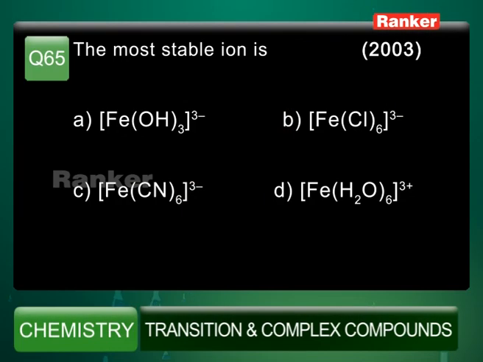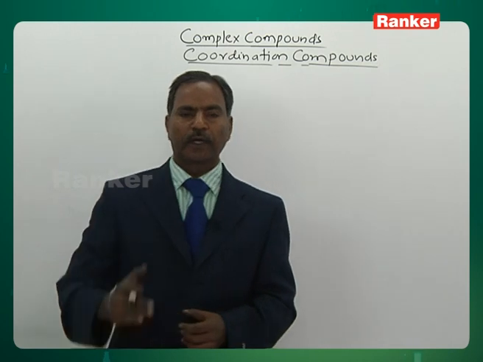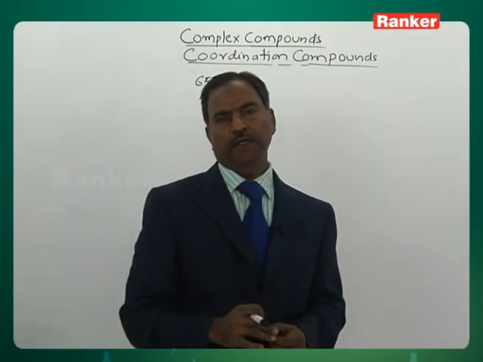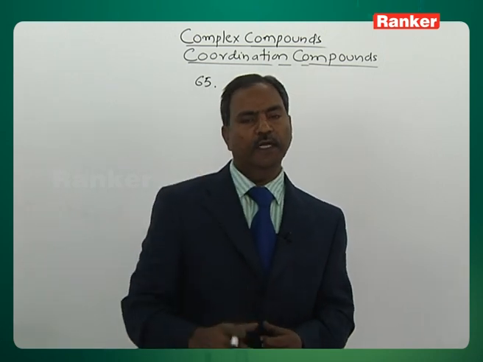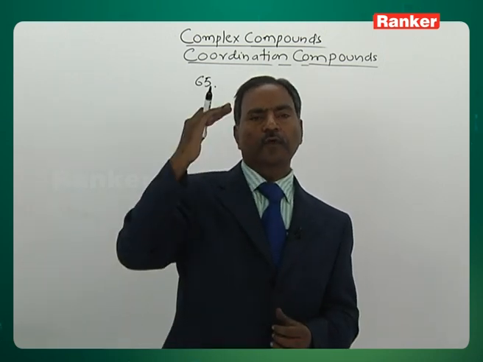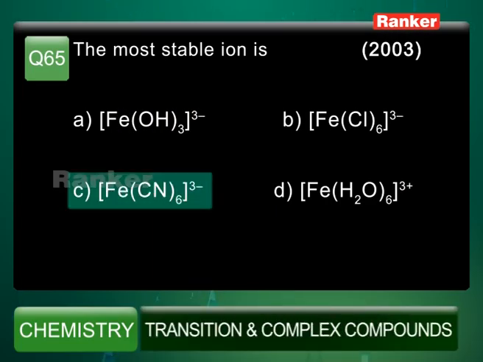And option B, [FeCl6]3-, and option C, [Fe(CN)6]3-. FeCl6 is there, Fe(CN)6 is there, and both have the same oxidation number. Cl is a weak field ligand, and cyano is a strong field ligand. Therefore, the cyano complex should be more stable. Therefore, here answer C is the correct answer for question number 65.